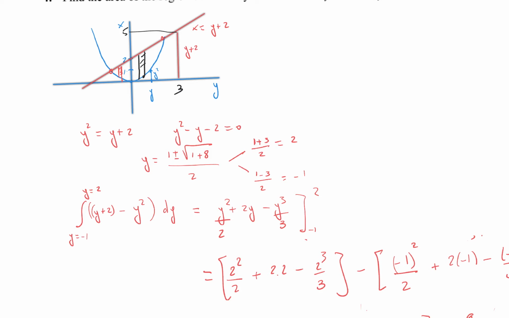The width of this piece is dy, and the length of this is the upper minus the lower. The upper is y plus 2, and the lower is y squared.